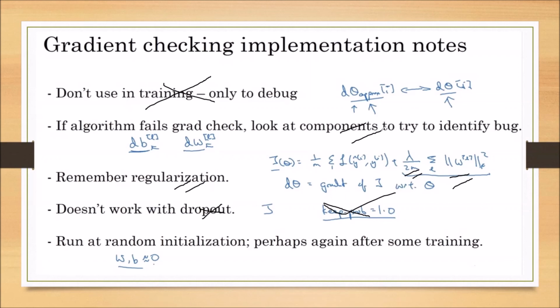If after applying all these methods the gradient found by the numerical computation still does not match the gradient found by calculus or the previous method, then you can apply random initialization after some training.